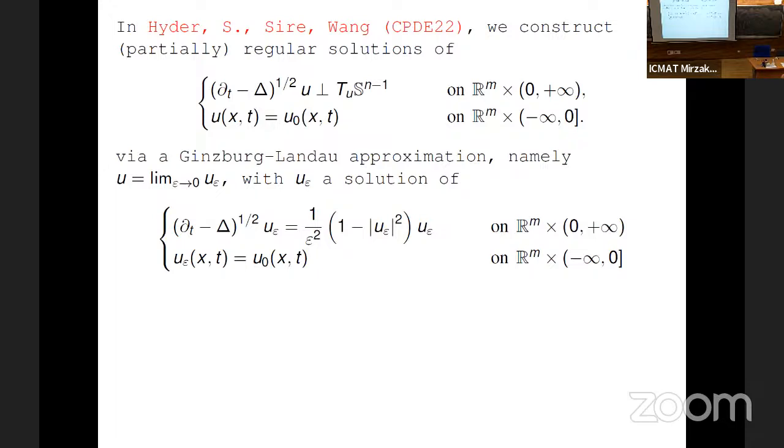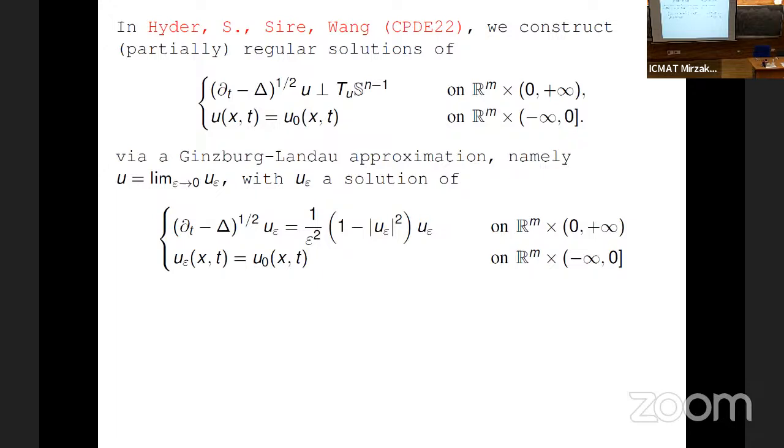Okay, so the idea now is to try to study this problem by relaxing the constraint here. And the simplest way to relax the constraint is to introduce this Ginzburg-Landau penalization. So instead of considering this nonlinear equation, you consider this other equation with a small epsilon, and then you want to send epsilon to 0.